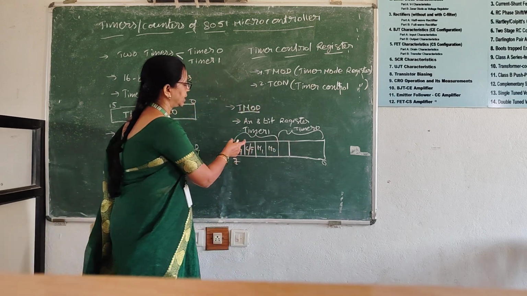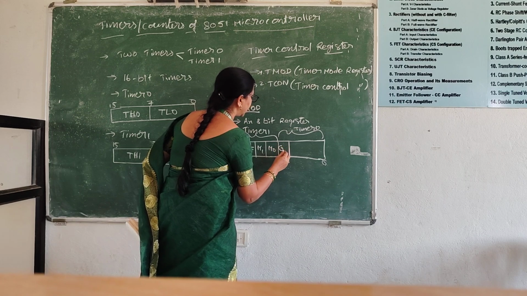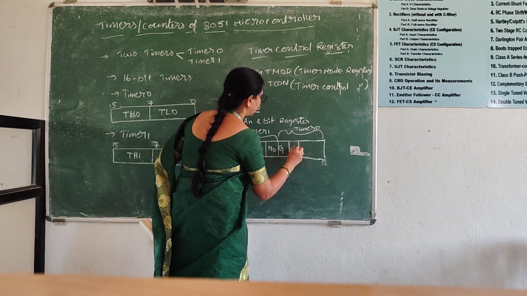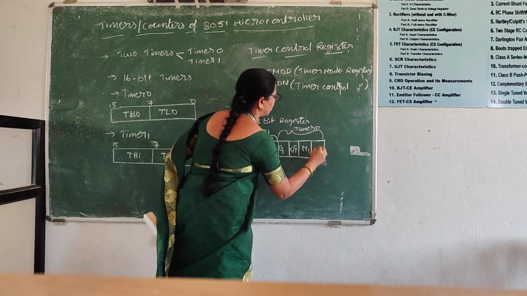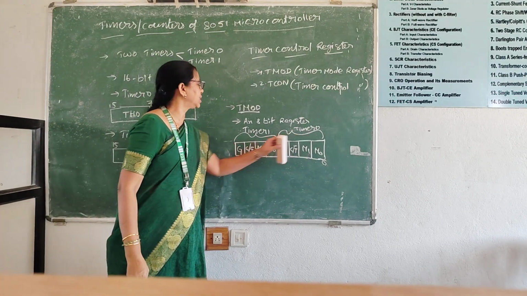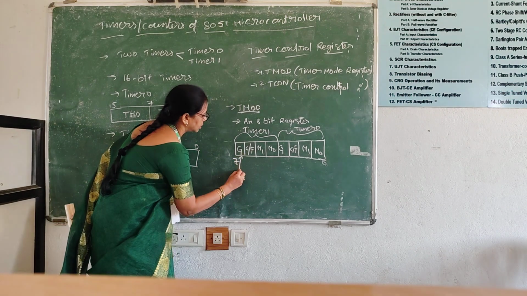Just like the timer 1 bits, the timer 0 bits are repeated. This is the gate, C/T bar, M1, M0. The same designations, but these are for timer 0 and these are for timer 1.